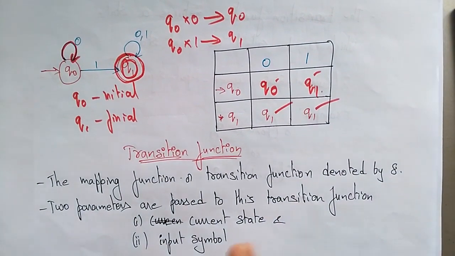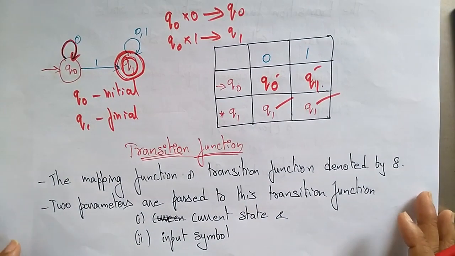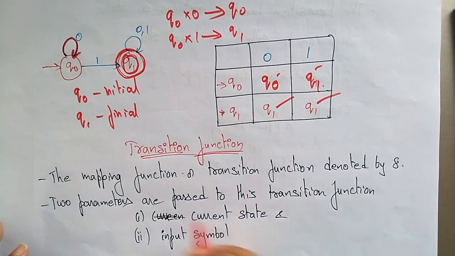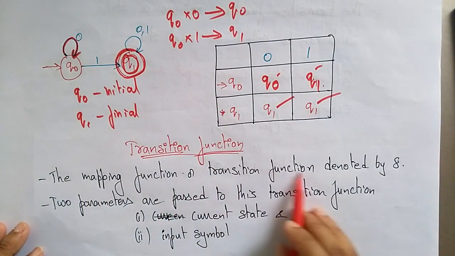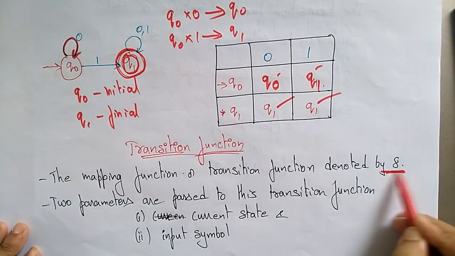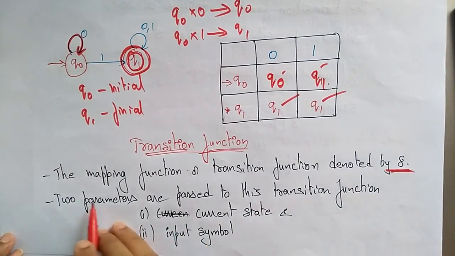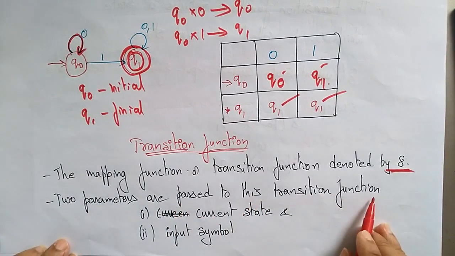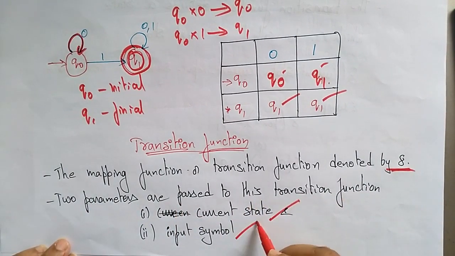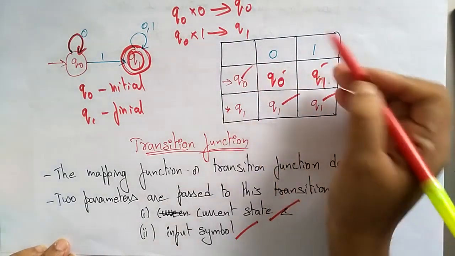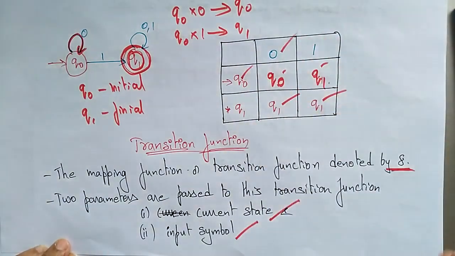Now let me explain the transition function. The mapping function, or transition function, is denoted by delta. Two parameters are passed to the transition function: the current state and the input symbol. You will get the next state.